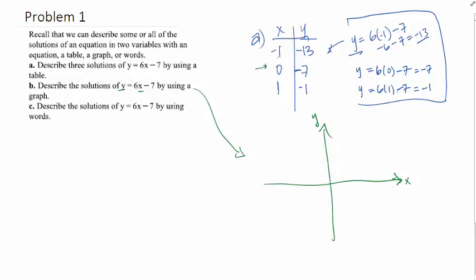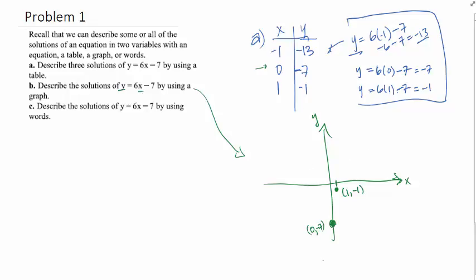I'm going to look at 0, -7 as a point on the graph. I have 1, -1 as a point on the graph.